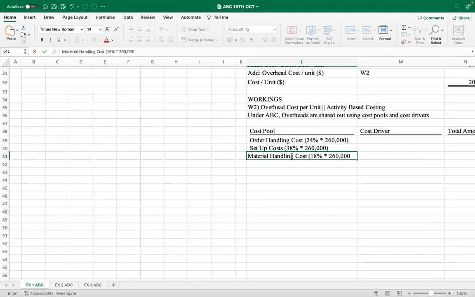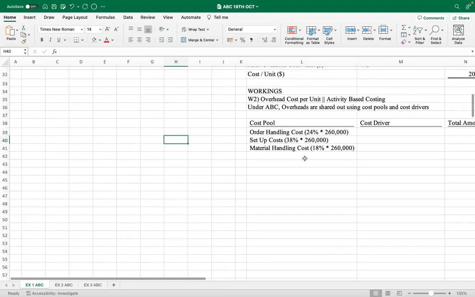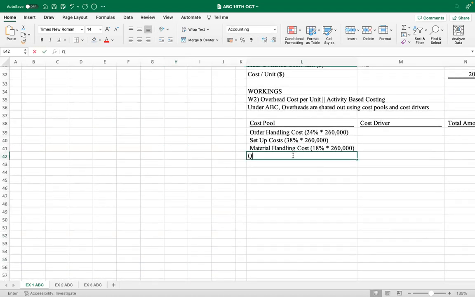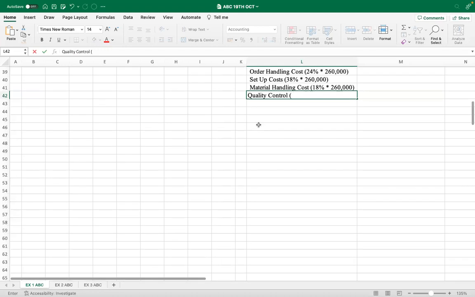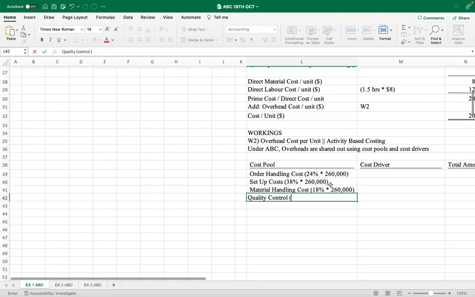The next cost is quality control. What percentage were we given? 20% times 260,000. So that is the first part.